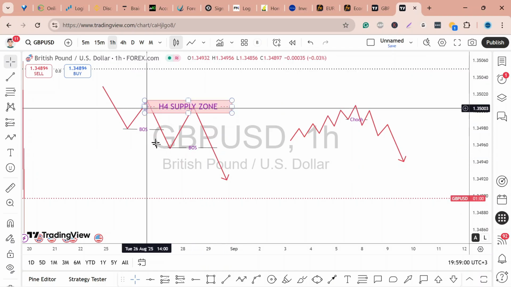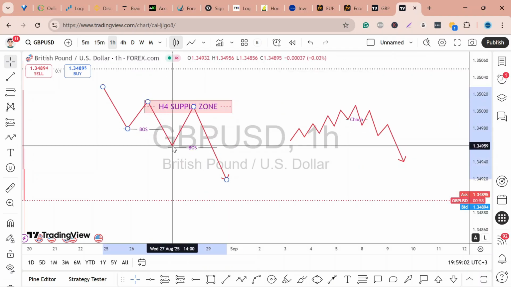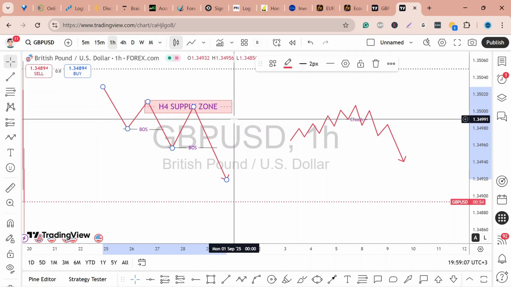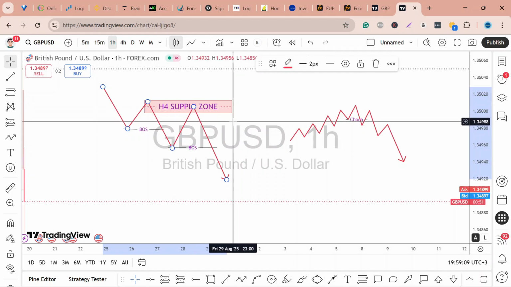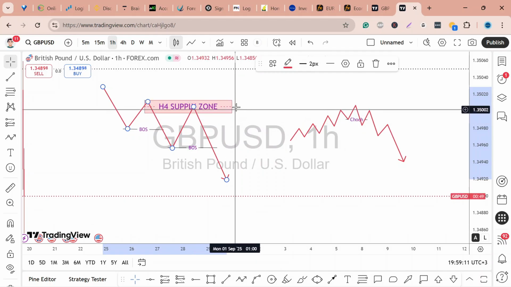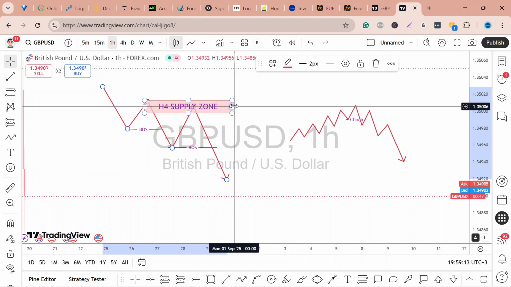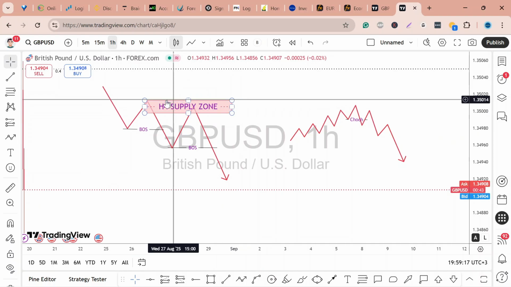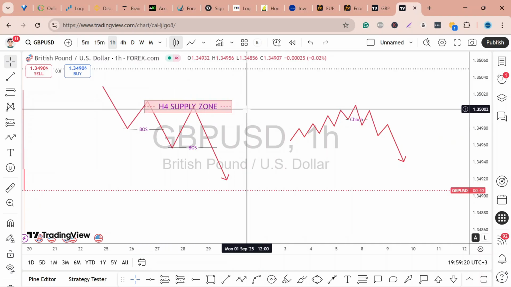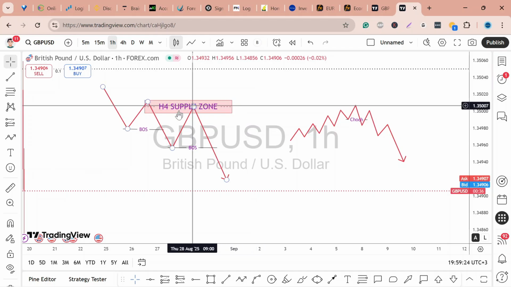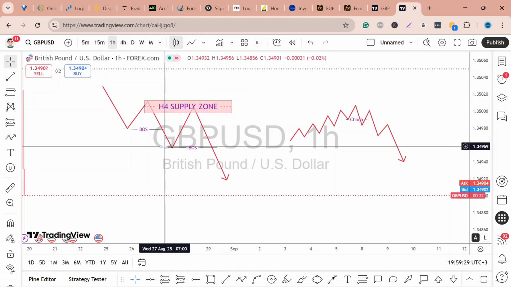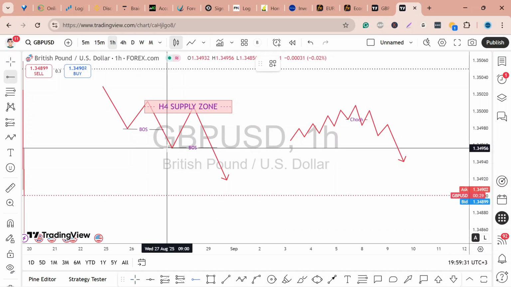Anytime the market breaks structure, you know that the market will be pulling back, and you want to be selling on levels of supply, where the big boys are selling. A level of supply is where sellers are more than the buyers. So you simply want to put your position here, and you will be targeting probably this low as your target.